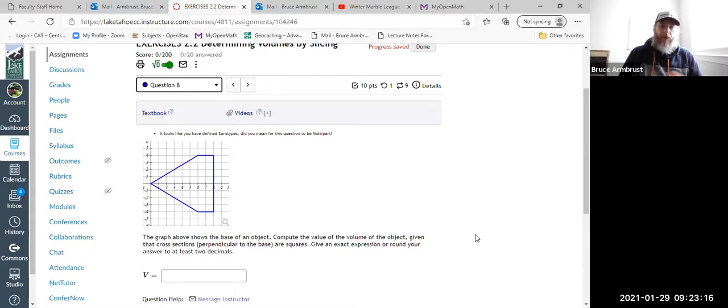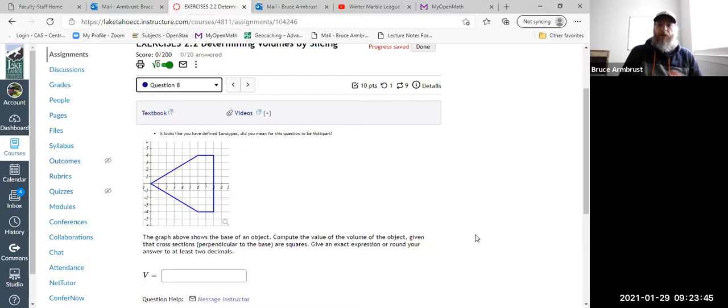So let's see if we can figure out the equations of these lines. So this one goes through the origin and then goes up to the point (6, 4). So it rises 4 with a run of 6, so it's got a slope of 2/3. So that's y equals 2/3 x. The other one is y equals minus 2/3 x. So what we get for the height is the difference in those 2.